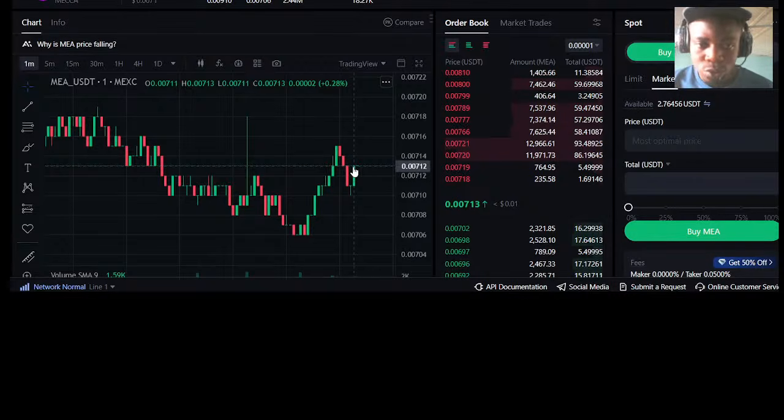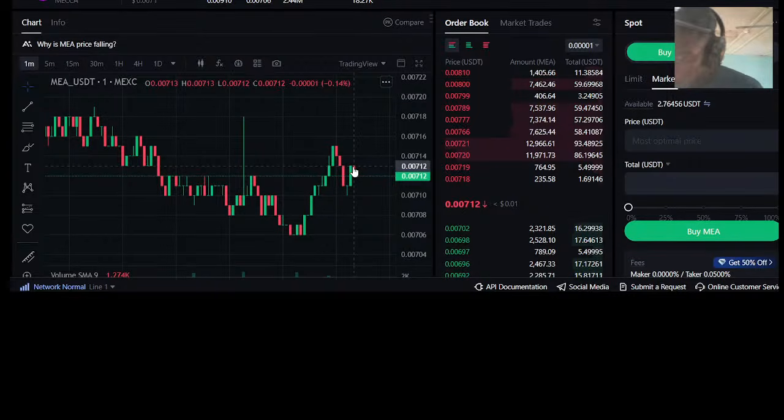So let us do tokenomic comparison. That's utility token versus governance versus stablecoin. Utility token, as you all know from the word utility, like activity, you make use of it, you utilize it. MEA is one of the utility tokens.